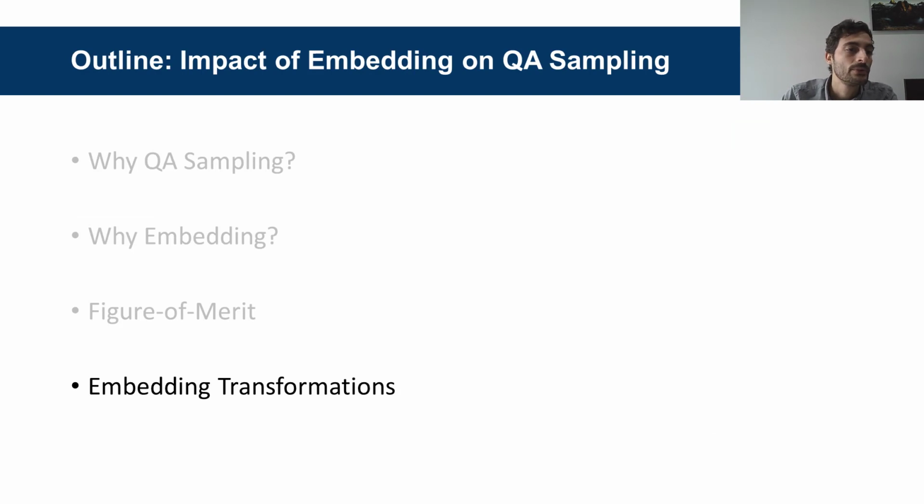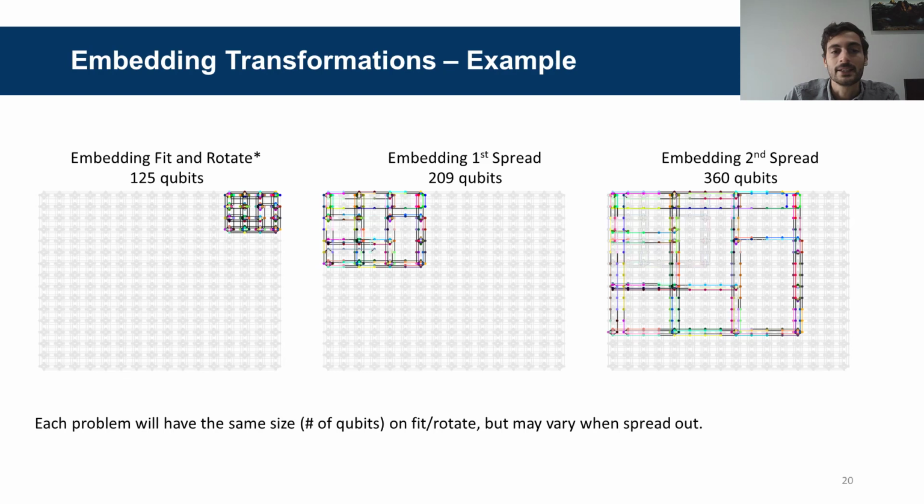So now I move on to some of the experiments that we've done. So this is what I call embedding transformations, and what we've done here to test the impact of embedding is to create from a problem that matches directly into the chimera graph, we transform it to create different embeddings, like the name says.